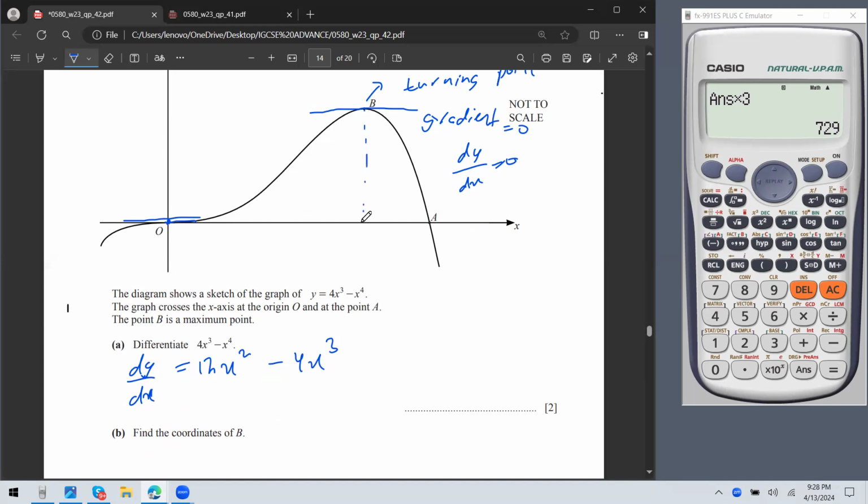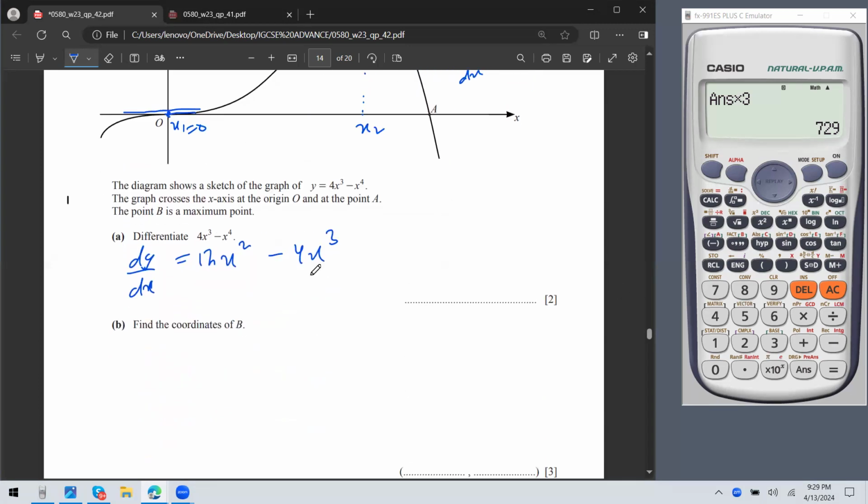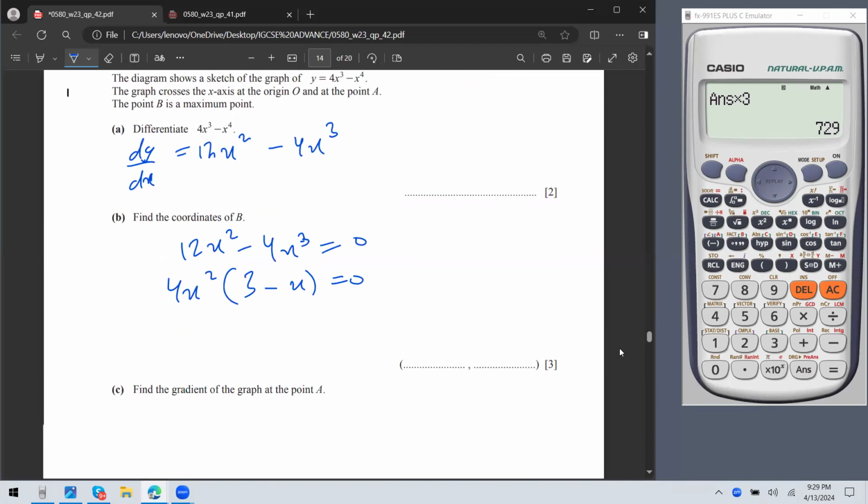Let's say this is x2, and this is already x1, which will be equal to 0. We'll find it out. So anyhow, you just make the dy by dx equal to 0. So 12x square minus 4x cube equal to 0. Factorize that. 4x square you can take common. 4 3s are 12. 3 minus x is equal to 0. Now it's factorized form.